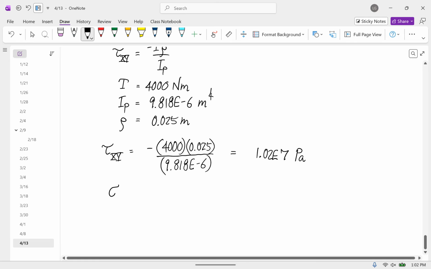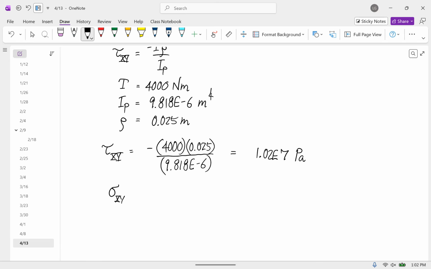And so if we want this in a temporary stress tensor, this would be our XY shear stress. So 0, I left out the negative. 0, negative 1.02 times 10 to the 7, 0, negative 1.02 times 10 to the 7, and then zeros for all the rest.